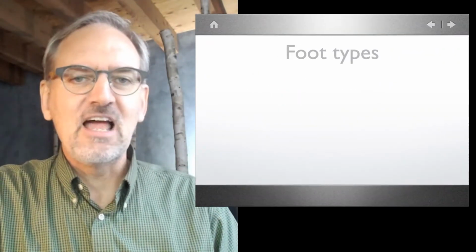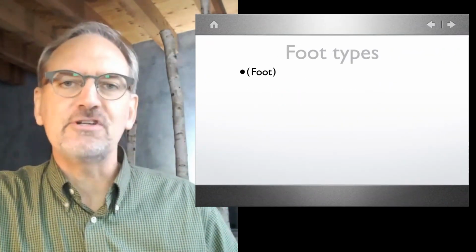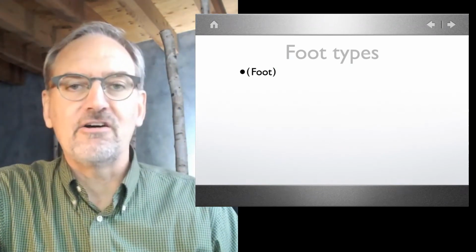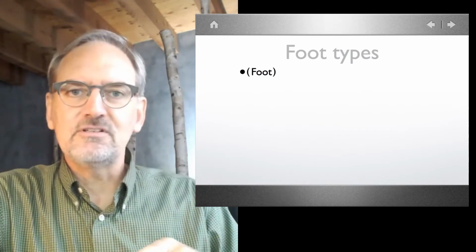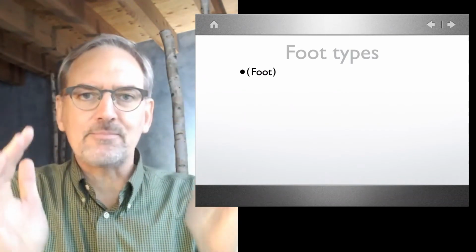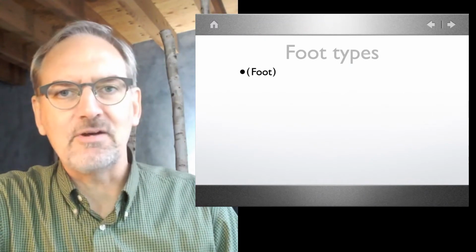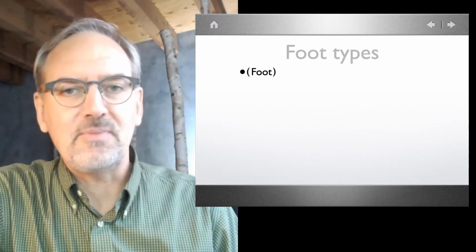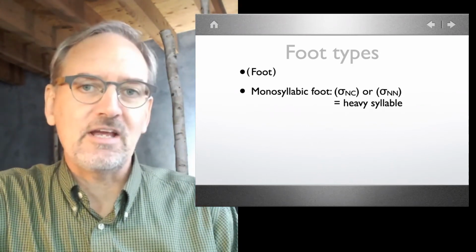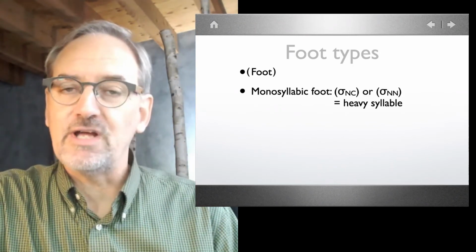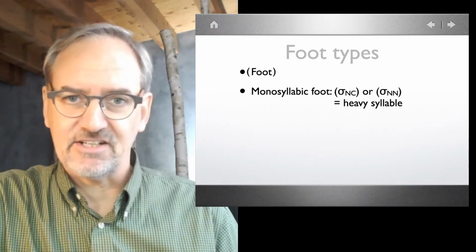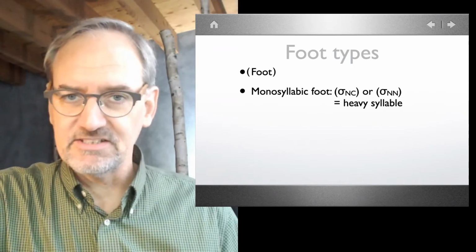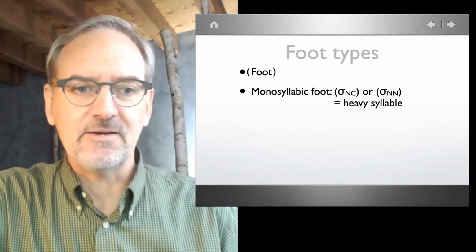Okay. And as a result, this leads to different kinds of foot types. And remember, I'm going to use parentheses to represent feet, so that a single syllable surrounded by parentheses means a monosyllabic foot. Two syllables in parentheses means a bisyllabic foot. So a monosyllabic foot could include either a nucleus and a coda, two segments in the rhyme, or a branching nucleus, that's also two segments in the rhyme.